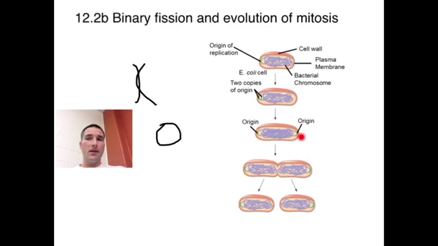The reason they think this is because when the cell divides, here the cell is growing and dividing, one copy of the DNA somehow gets dragged to one side of the cell, the other copy somehow gets dragged to the other side, and they're not 100% sure how to explain it. So there's some evidence to suggest that there are actually proteins that connect the origin to opposite sides of the cell. So that's binary fission.